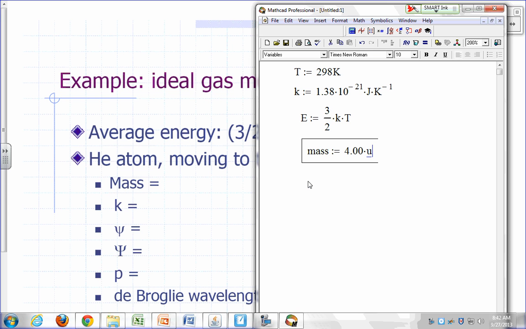So 1 AMU equals, well, a mole of AMUs is 1 gram, right? So I could just do it this way.